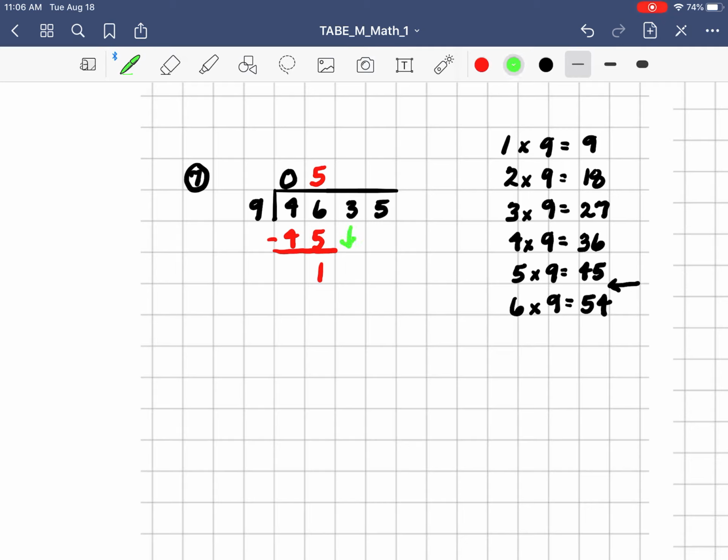Bring down your 3. 9 into 13, that's going to go 1 time. And 13 subtract 9, or you can borrow if you need to, but I would just subtract it, is going to be 4.